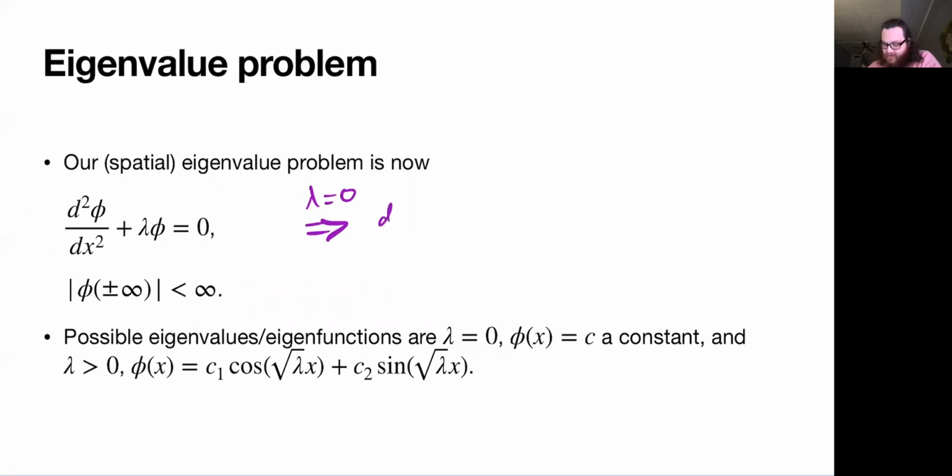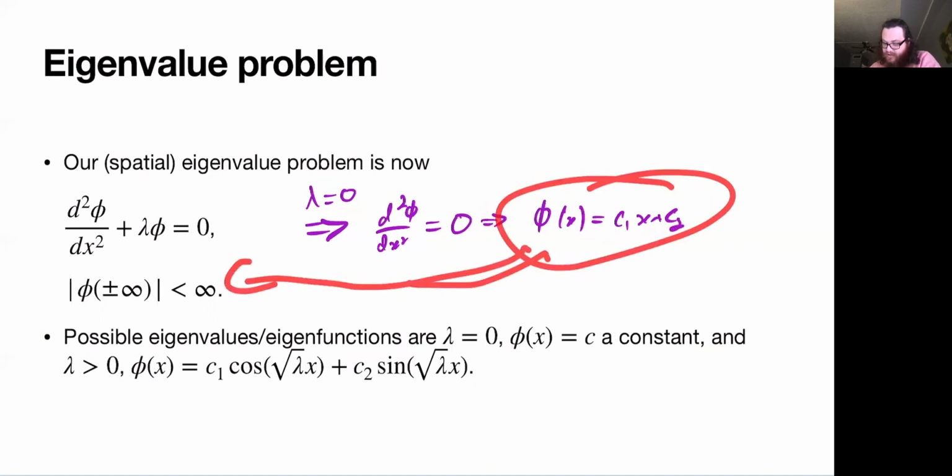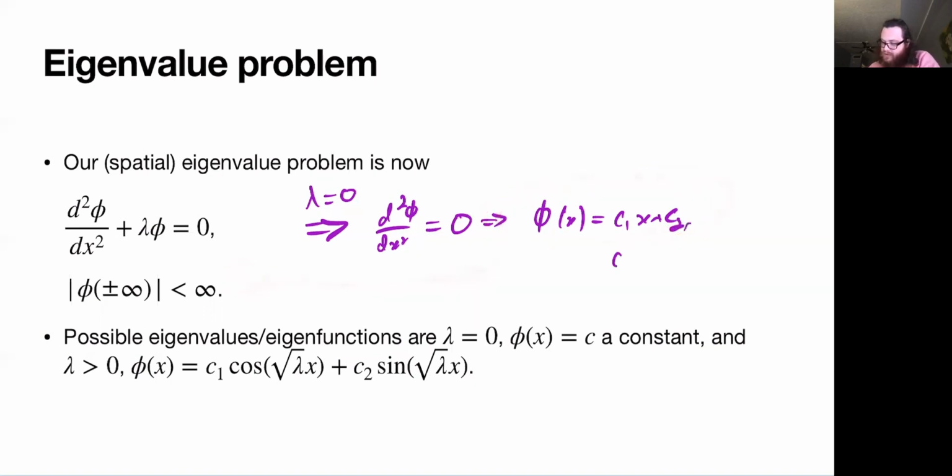what do you end up with? D squared dx squared phi is 0. As we saw before, phi of x is C1x plus C2. For this to be bounded, C1 has to be 0, so we end up with a constant.